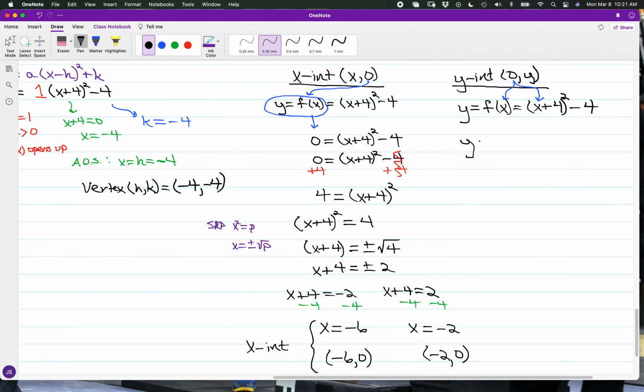So y is going to be f of 0 is equal to 0 plus 4 squared minus 4. So 4 squared is going to be 16, and 16 minus 4 is going to be 12.